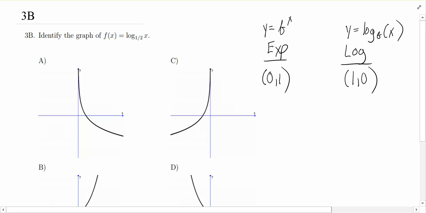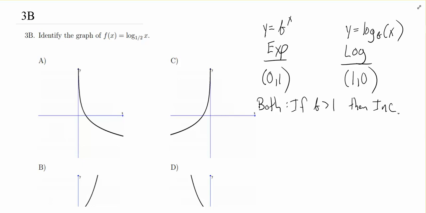Now, for either exponentials or logs, the other piece that you can make sure you know is that if their base is larger than 1, then the graph is going to be increasing. And by increasing, I mean as you walk from left to right on the graph, you're walking uphill.